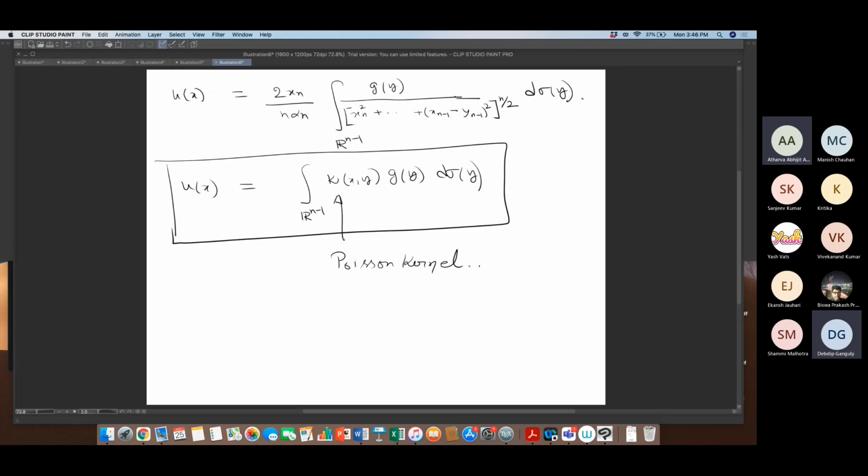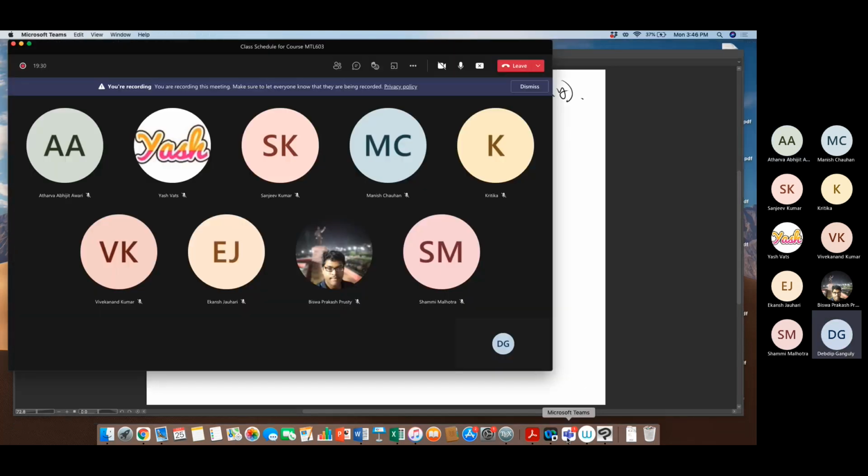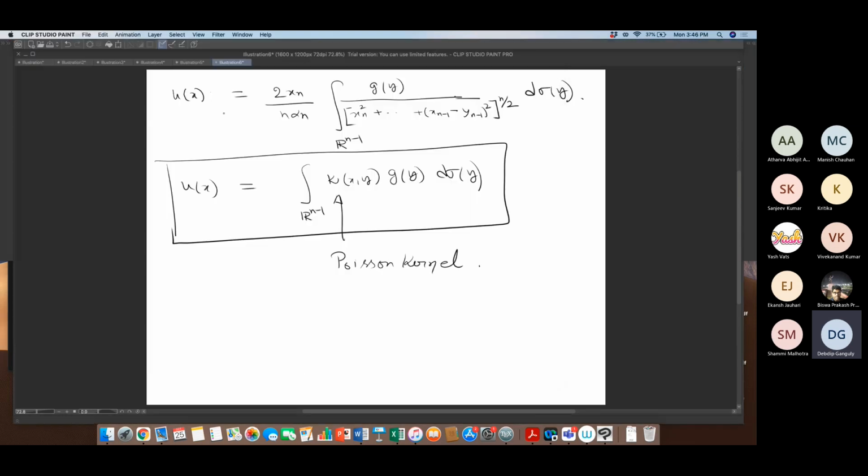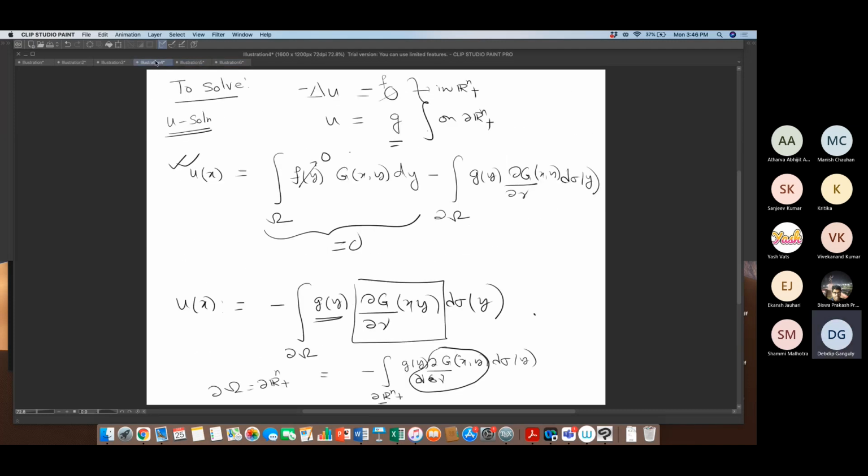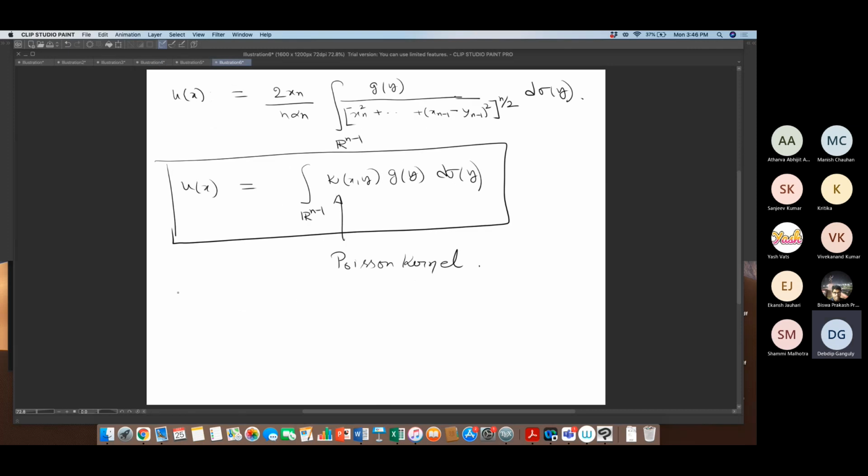Now I was expecting a question, but no one has asked it. I said that when u is a solution to that PDE, then you can write u in terms of this. Is the converse true?